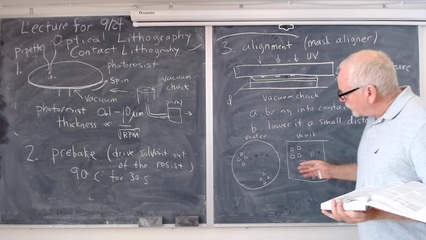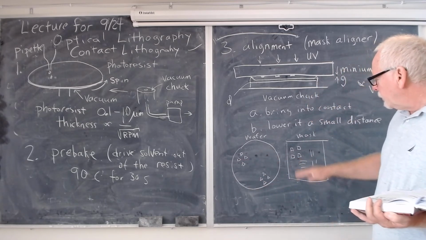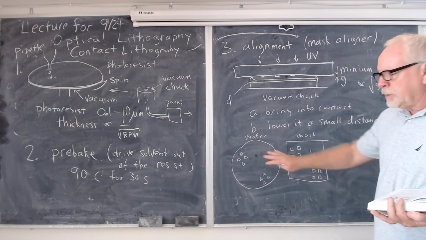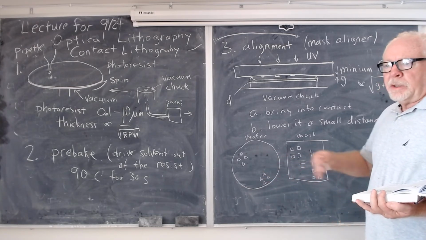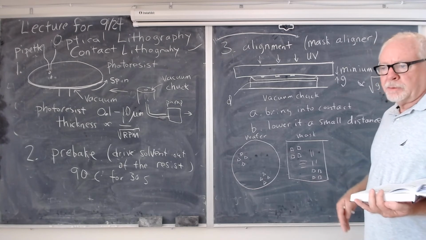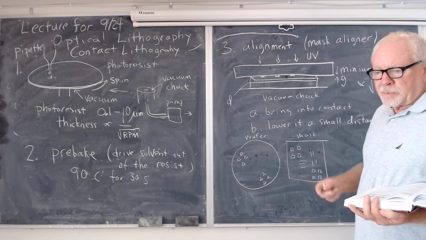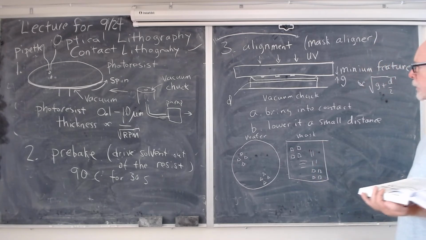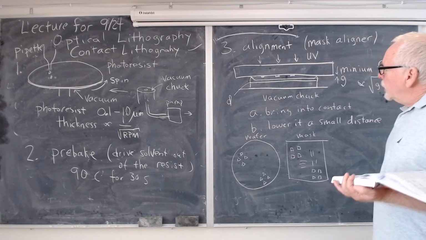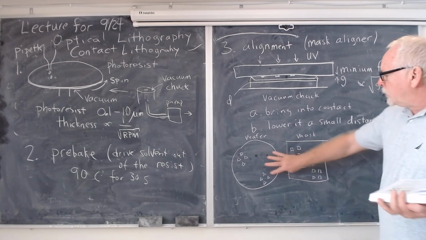I can see them and line them up. But there are other forms of alignment marks that, number one, make it easier for the operator to perform alignment, and number two, result in more precise alignment because you have to do it more carefully to get it right.